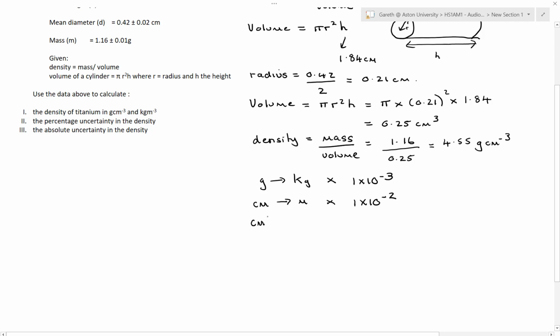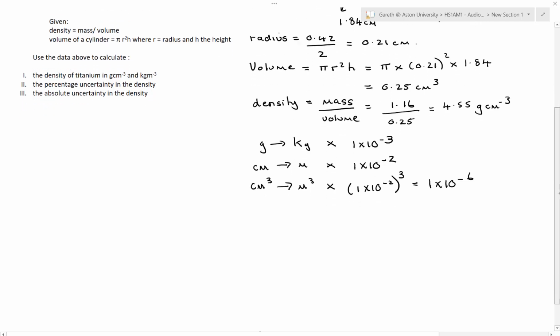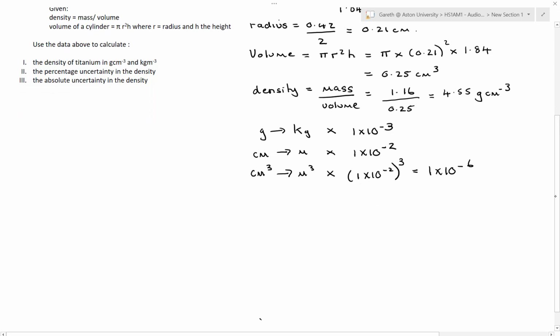Therefore as we're going from centimetres cubed to metres cubed we need to multiply by 1 times 10 to the minus 2 to the power of 3, which gives us 1 times 10 to the minus 6. So using all of this information we can calculate our density.